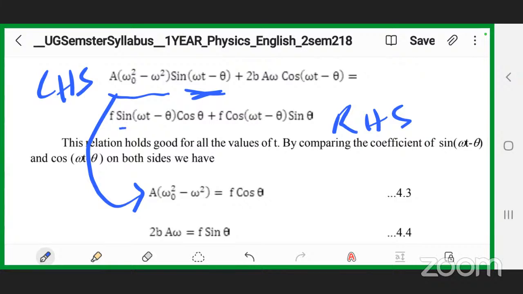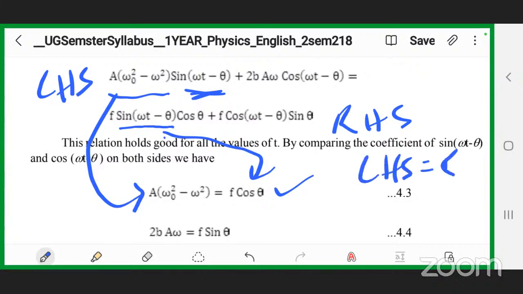Where is sin omega t minus theta? This one. So remaining is f cos theta. Is it okay now? LHS equals RHS we are doing. Okay, so that here sin omega t minus theta, here also sin omega t minus theta. Both get cancelled. Remaining is this 4.3.